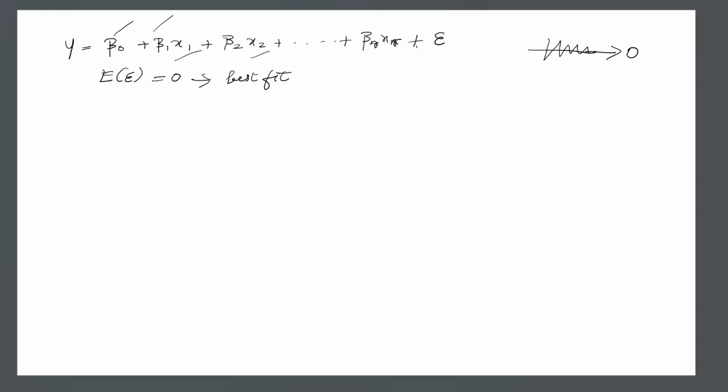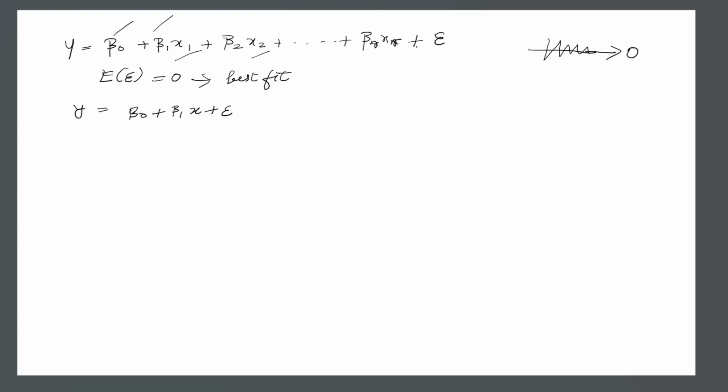In the case of simple linear regression, we can reduce this to y equals beta naught plus beta 1 into x plus epsilon.